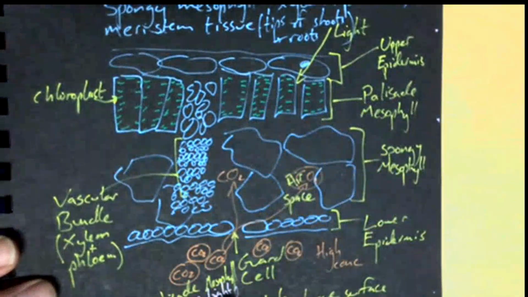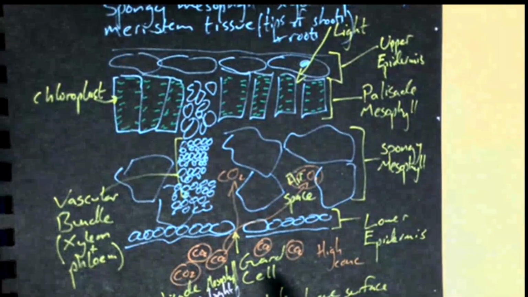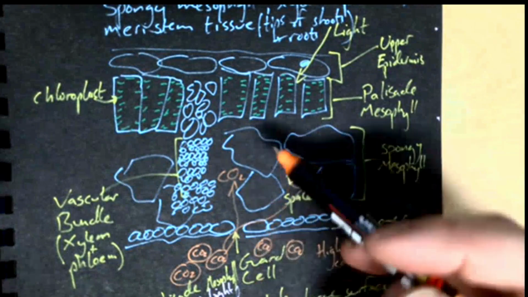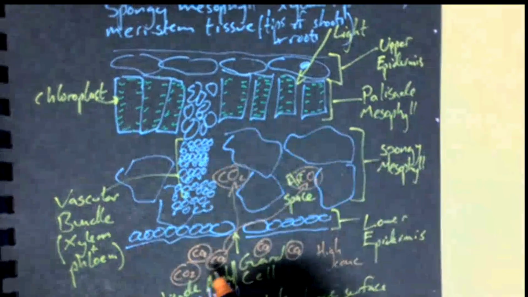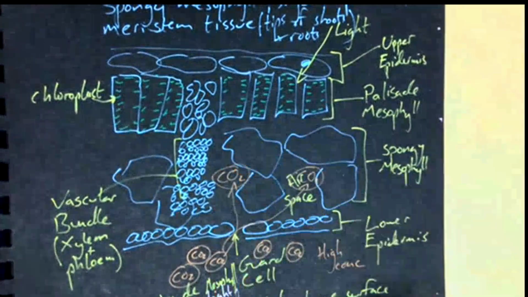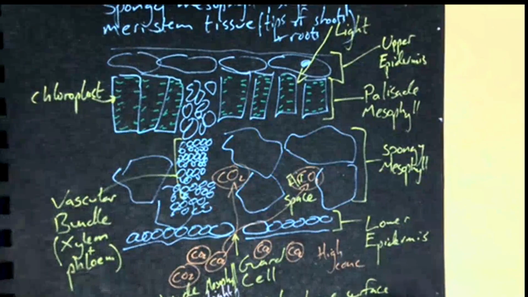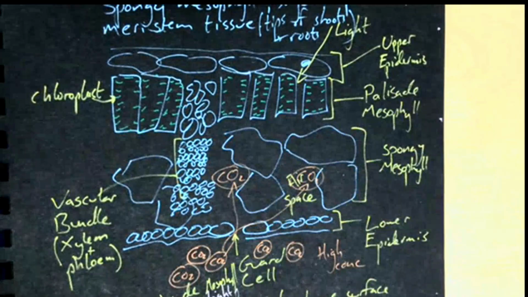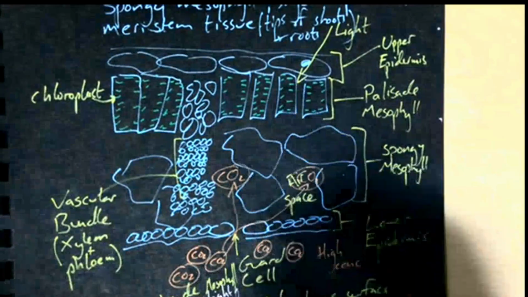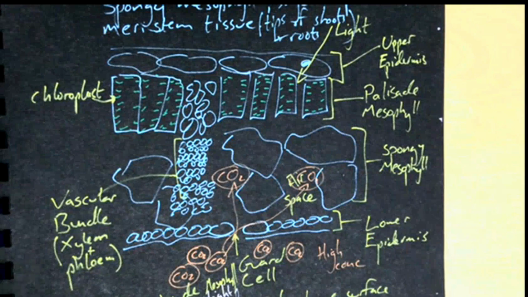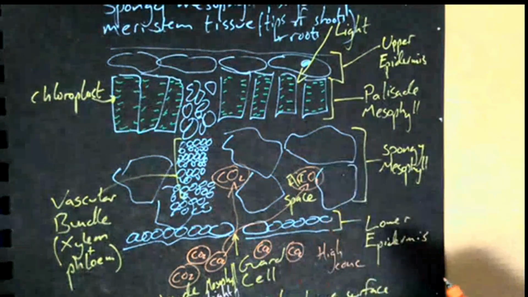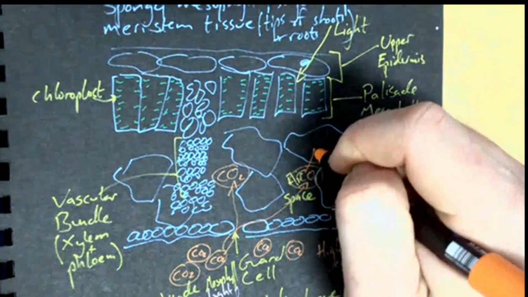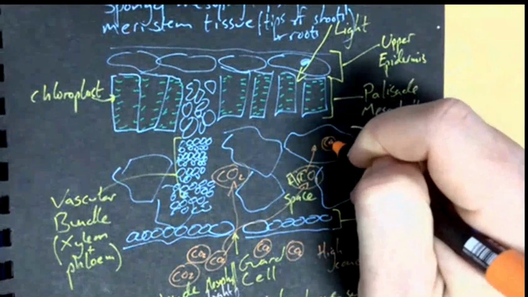So remember, diffusion is a net movement from a high concentration to a low concentration. These molecules are actually going randomly in lots of directions, but because there are more of them here, they eventually go to the area where there are fewer of them. And so they're going to diffuse into our air spaces in the spongy mesophyll. And then after that, they're able to diffuse through the cell wall and through the cell membrane into the mesophyll cells.